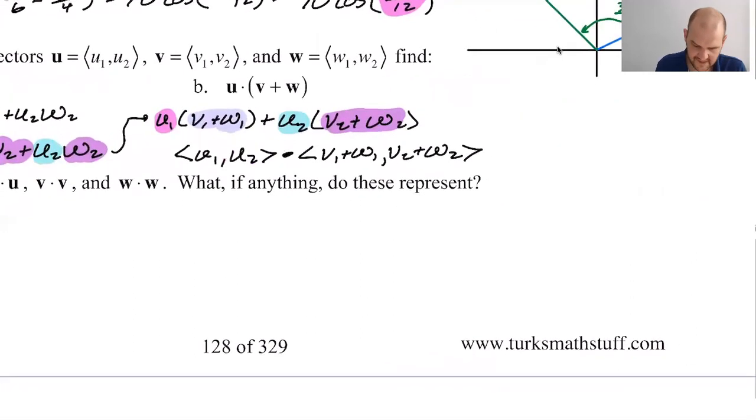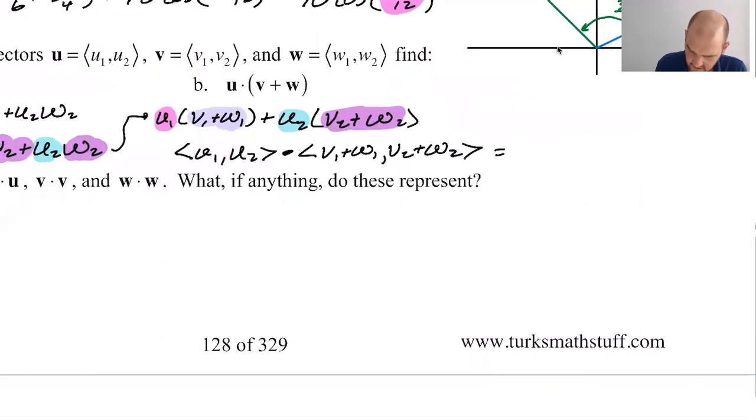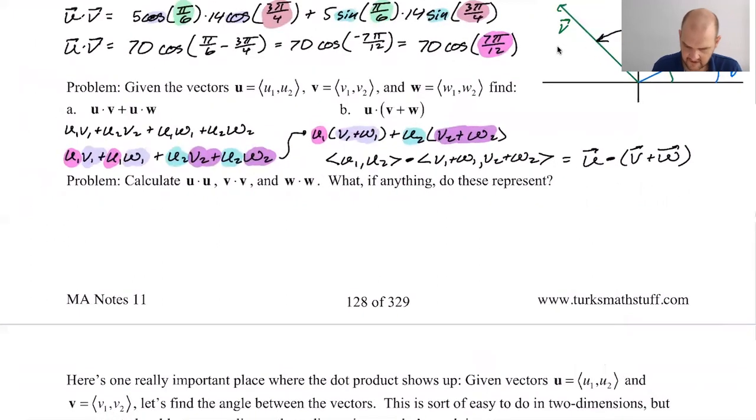And then what is that? Well, that is u dot product v plus w, which is apparently the same as u dot v plus u dot w. That means that a dot product distributes across addition.